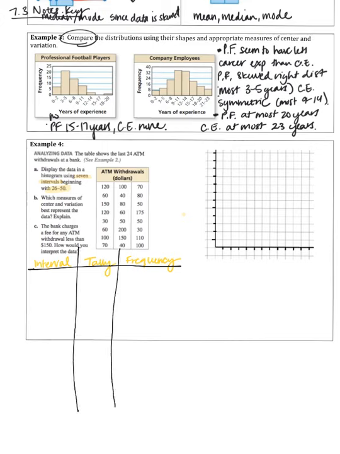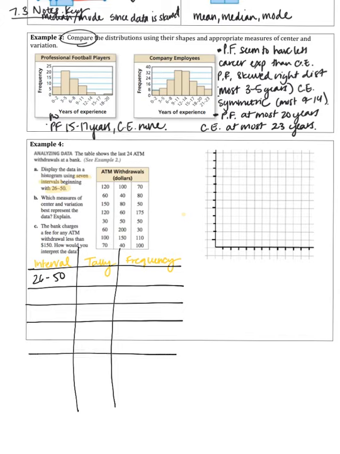My first interval is 26 to 50. Now we know all intervals need to be of equal size, and I'm going to have 7 of them. So I'm going to make room for that. There's interval 1, 2, 3, 4, 5, 6, and 7 is down at the bottom.